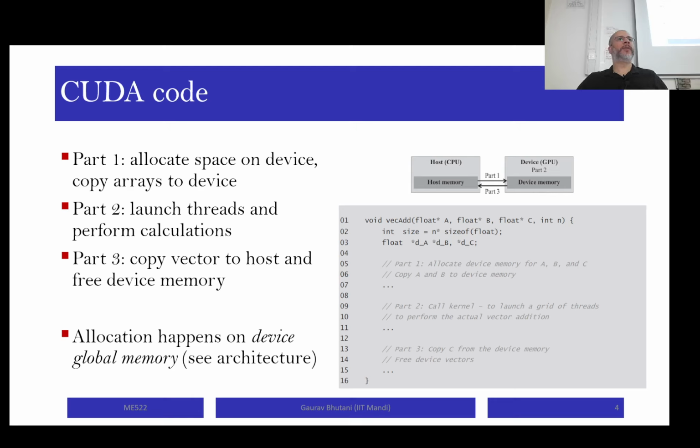Once you have the information available in arrays on the device memory, you launch threads and perform the computations. And then part 3, the last part, is to copy the data, in this case the array C, from the device back to the host, and then you use it in whatever way you want.